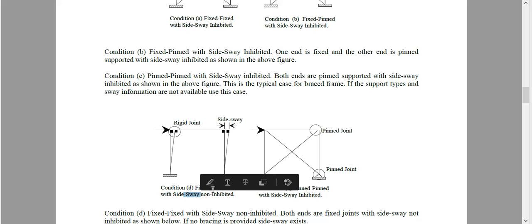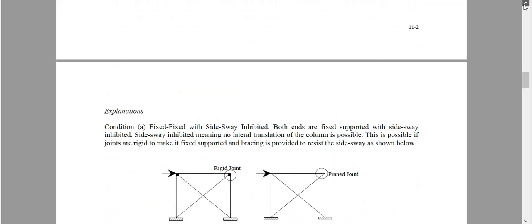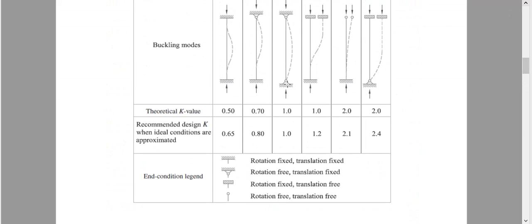The elaboration of this column is fixed, side sway non-inhibited. Non-inhibited means it is not protected from lateral translation. So fixed here, rigid here, but it can have sway. Sway means it can move laterally. So this is that category.